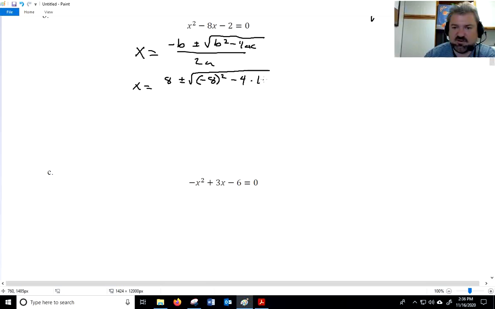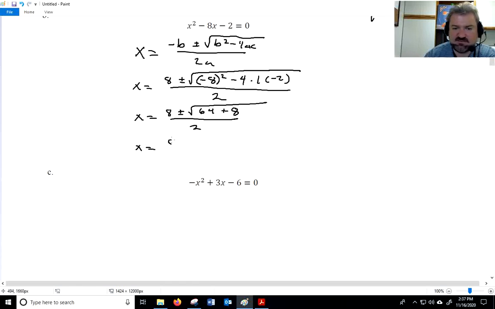Then a is 1 and c is a negative 2 all over 2 times 1, which is just 2. So x equals 8 plus or minus the square root of 64 plus 8 all over 2. So that's going to be 8 plus or minus the square root of 72. Now 72 is not a perfect square, so we're going to go over here and we're going to do a factor tree.